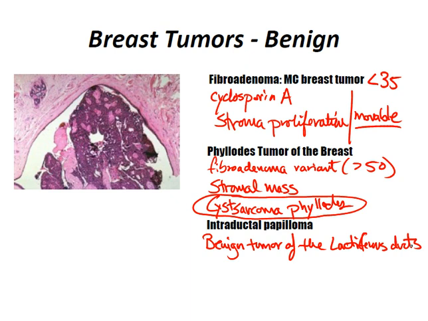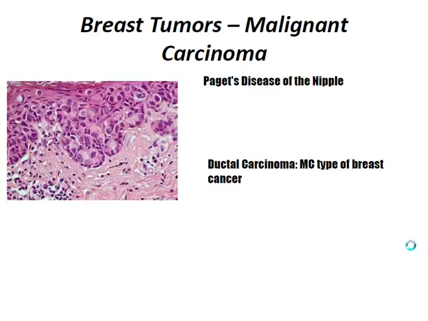It could be either one. So those are the benign breast tumors. You have fibroadenoma, phyllodes tumor of the breast, which could progress to a cystosarcoma phyllodes, which is malignant, and an intraductal papilloma. So now let's talk about malignant breast tumors, carcinomas of the breast.